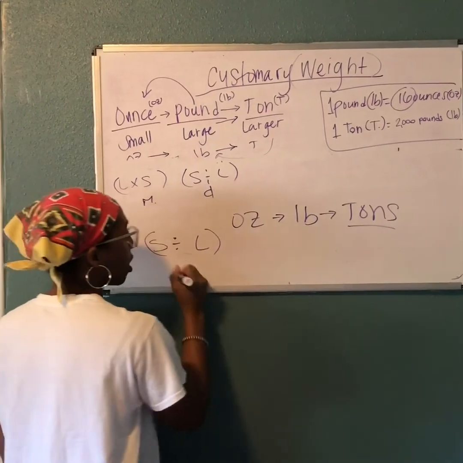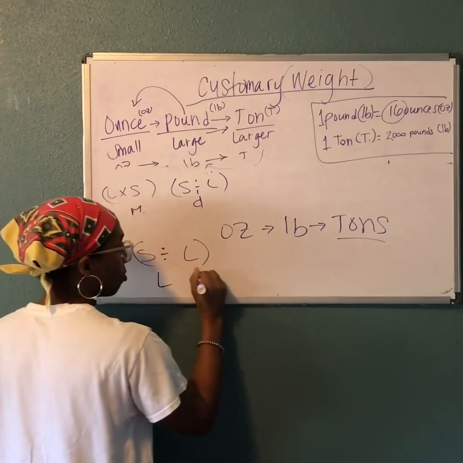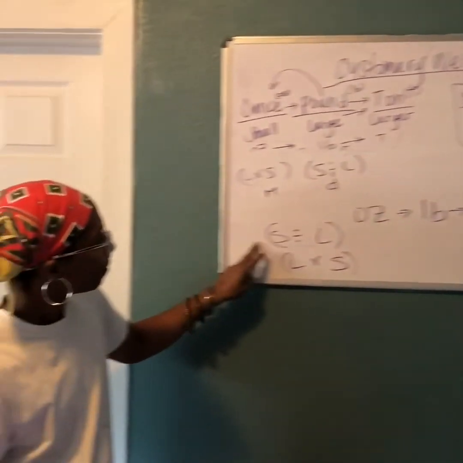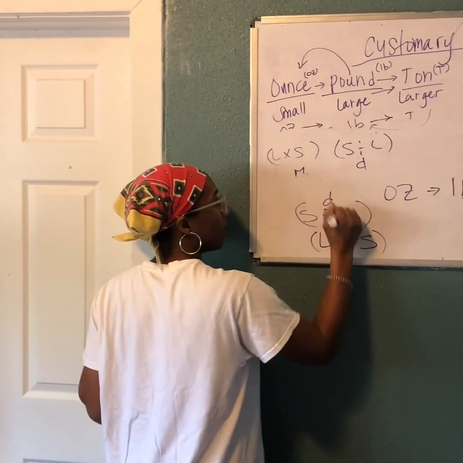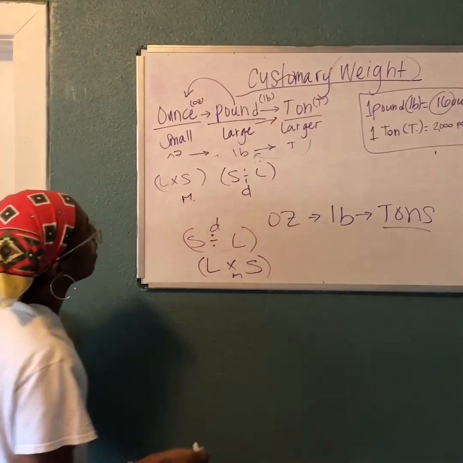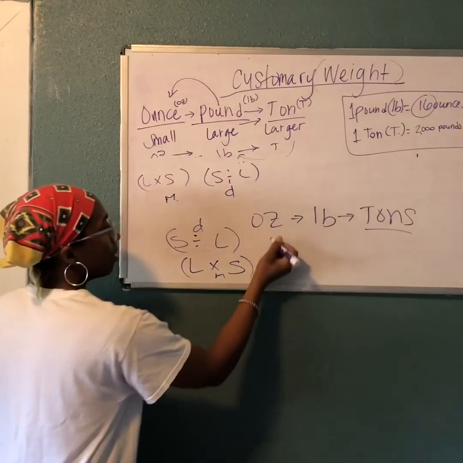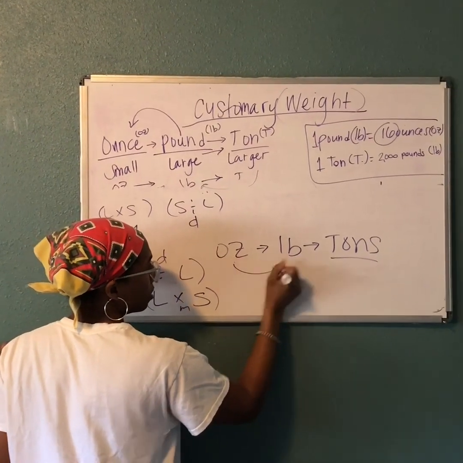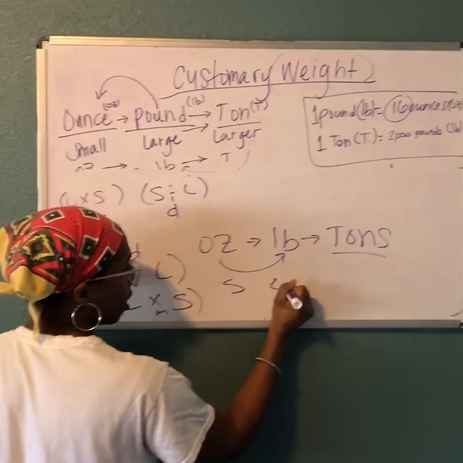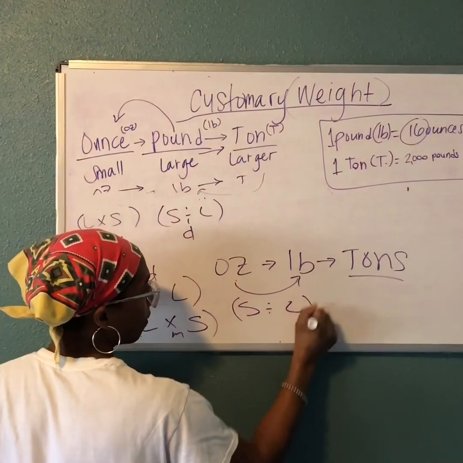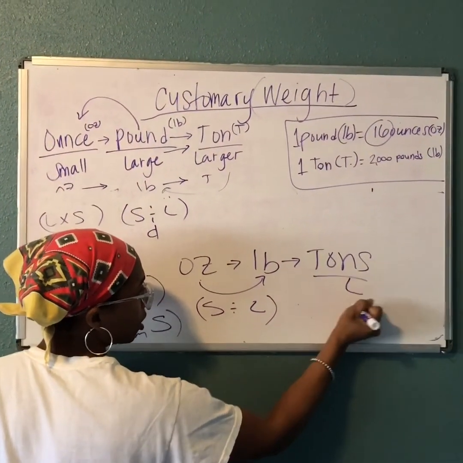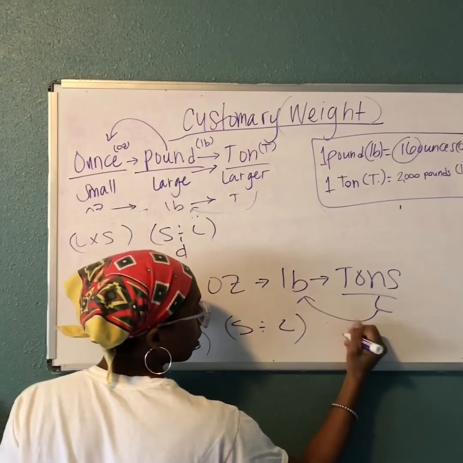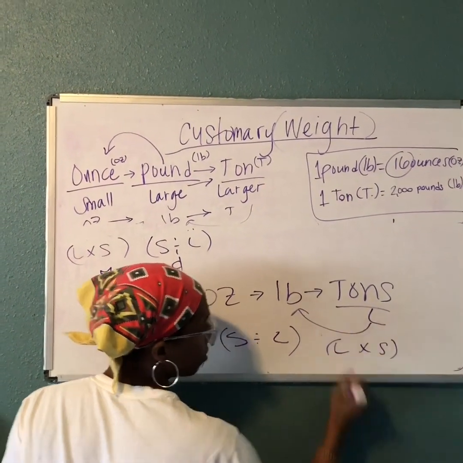When you're converting larger units to smaller units, you multiply. Remember, from an ounce to a pound, smallest to largest, divide. From a larger unit to a smaller unit, you multiply.